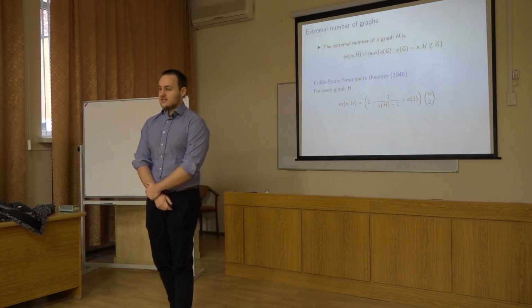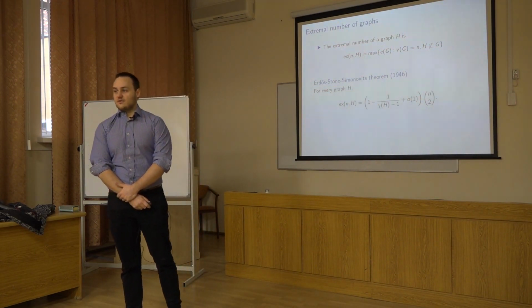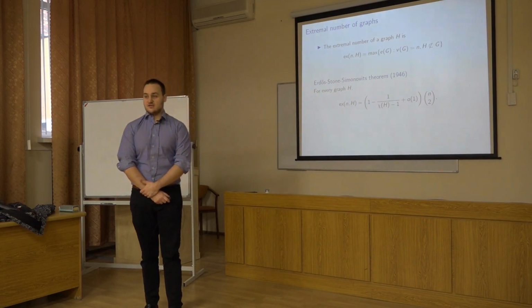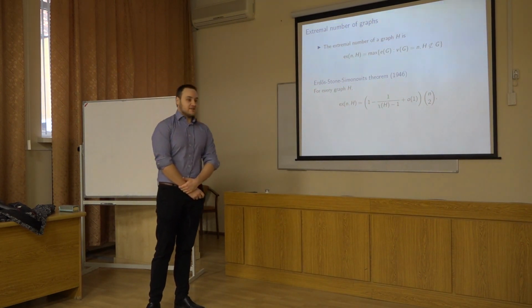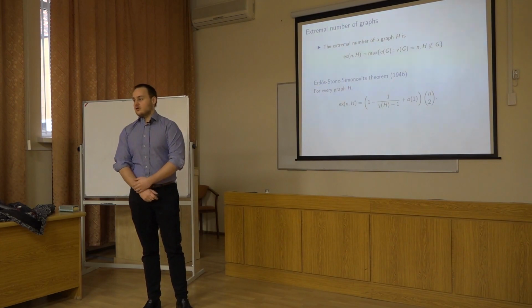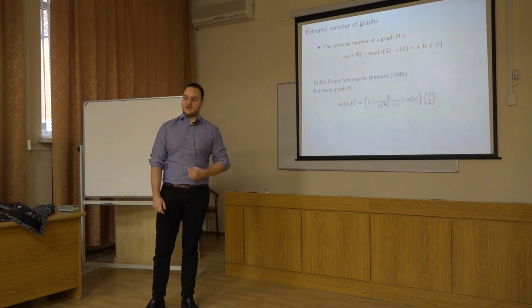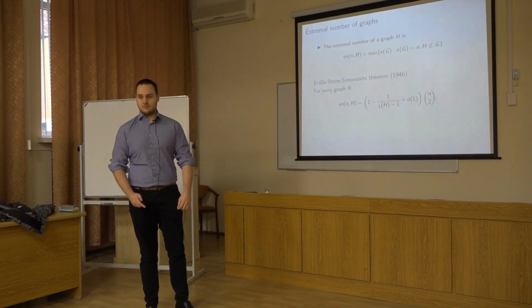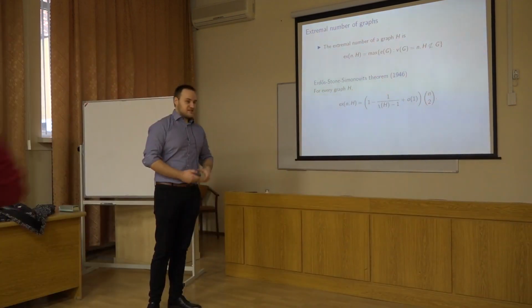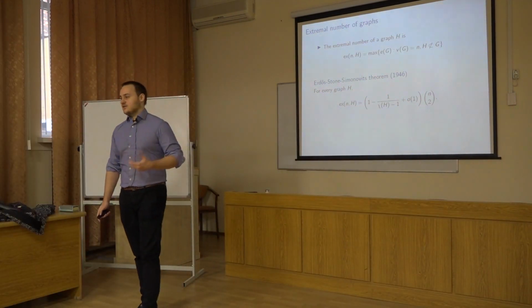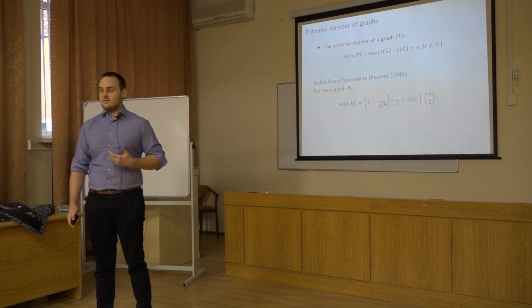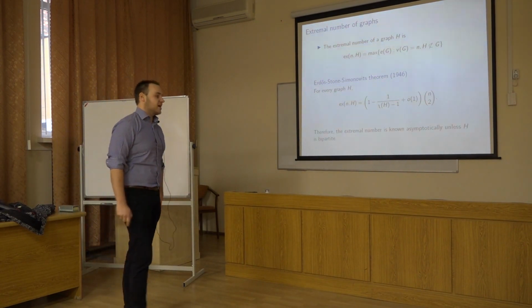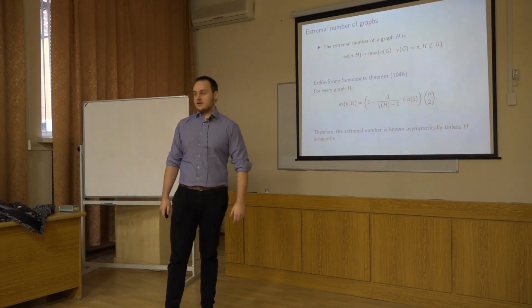By the classical Erdős-Stone-Simonovits theorem, we know that for every graph H, its extremal number is (1 - 1/(χ(H) - 1) + o(1)) times n choose 2. This formula gives the asymptotic behavior of the extremal function unless H is a bipartite graph.